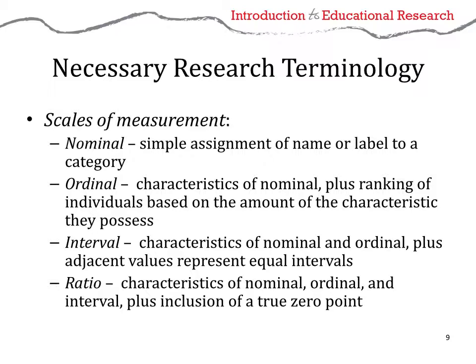Ranking. Interval, this is where you're looking at adjacent values representing equal intervals, these equal jumps in between each of the steps. And then ratio, where this is basically an interval scale plus it has a true 0 point. So let's take a deeper look at these.